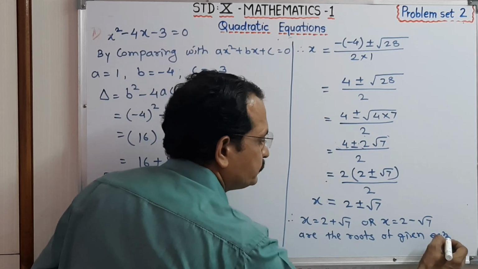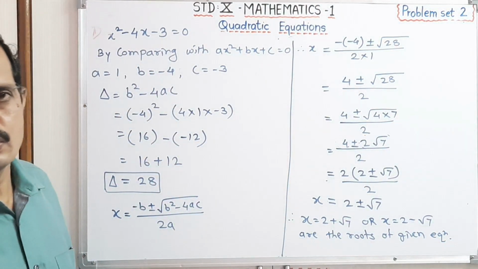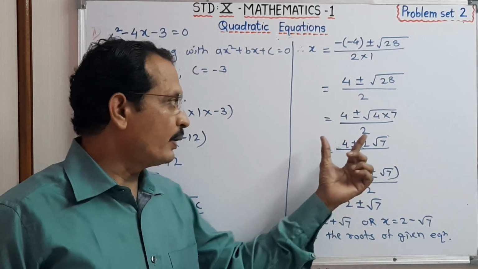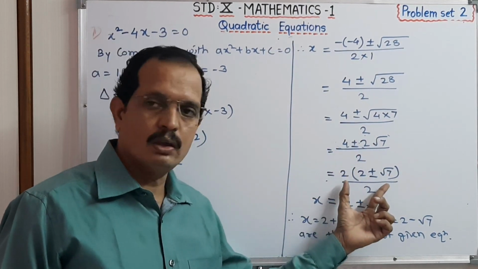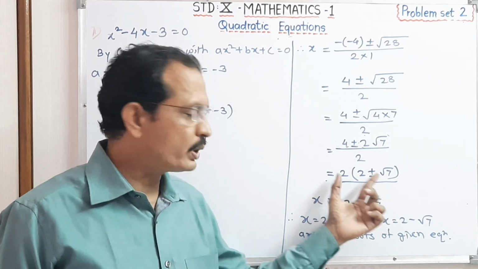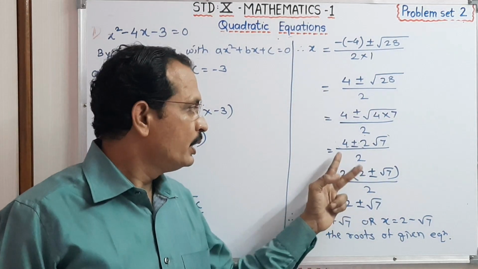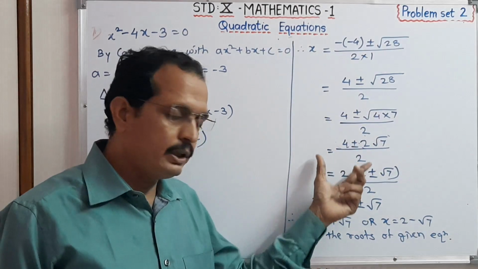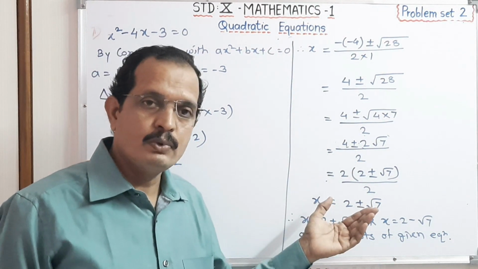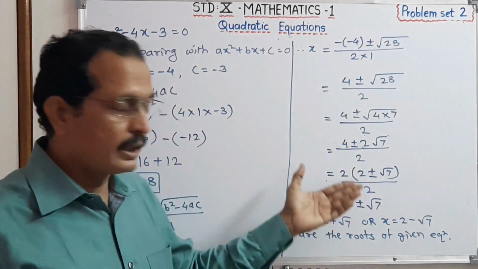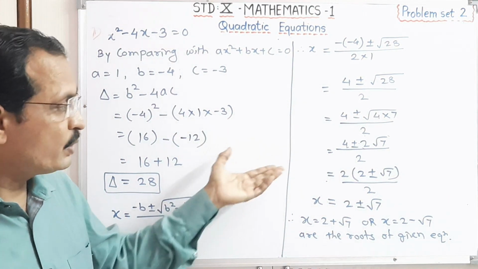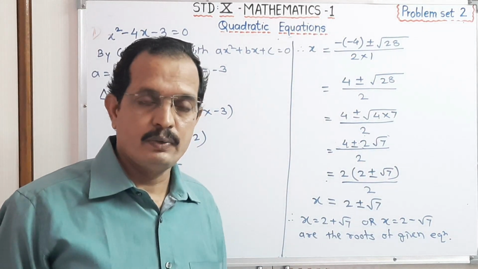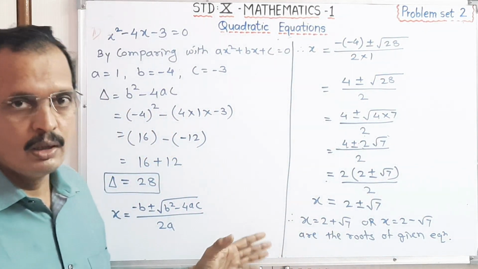given equation. Dear student, all sums are different. In this case, I want to show you how to take out the 2 as a common, how to take common and then simplify. Here we can't simplify this. This I want to tell you in this sum. In the previous sum, from the value of delta we decide whether we have to solve further or not. Therefore all sums are important.